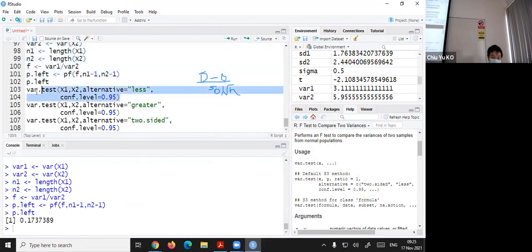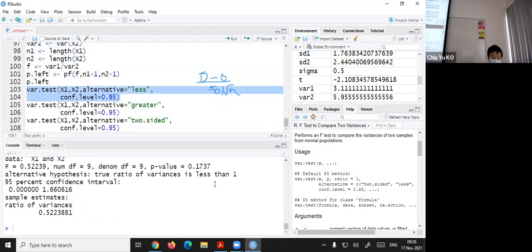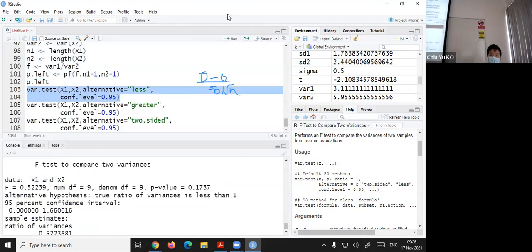Okay, this one is saying, yes, because I think I got it wrong. It says F is s1 squared over s2 squared. That's the F.